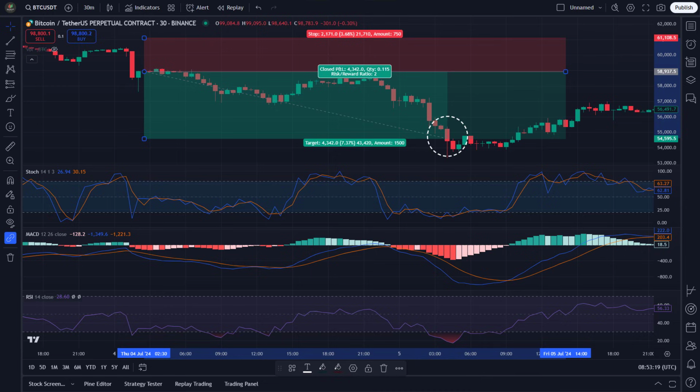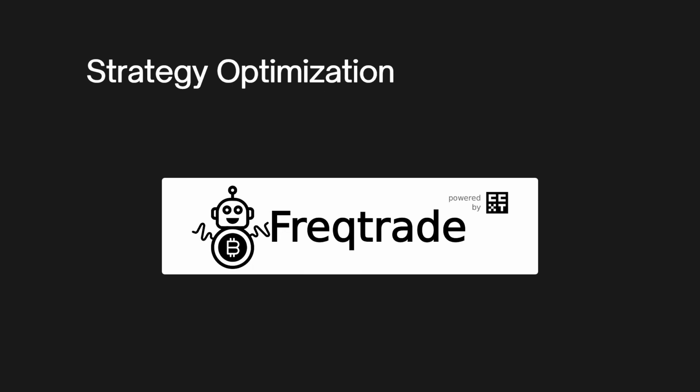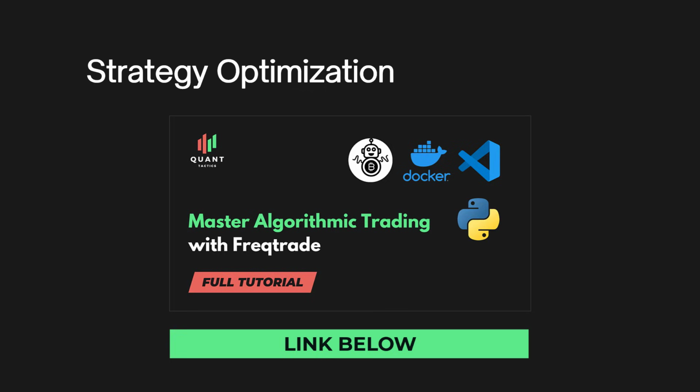The price hit our take profit target. Now that we've gone over the strategy, let's talk about how to optimize it for maximum performance. To do this, we'll be using Freqtrade, a powerful open-source cryptocurrency algorithmic trading software developed in Python. If you're interested in learning more, check out the full Freqtrade tutorial, linked in the description below. It covers everything you need to get started.